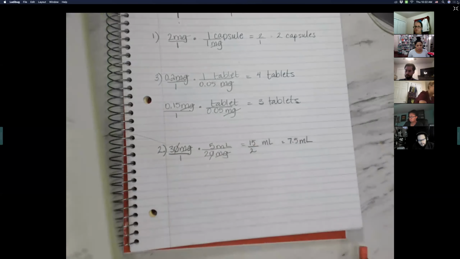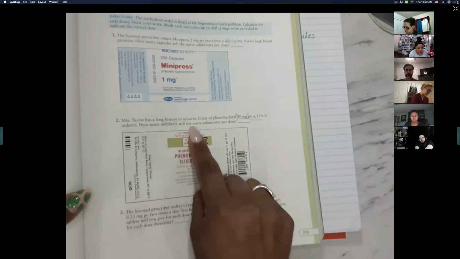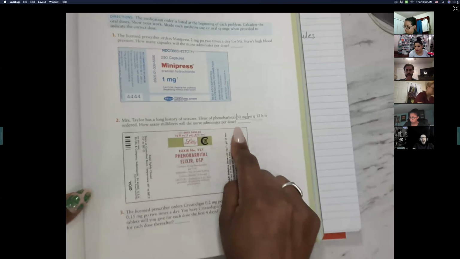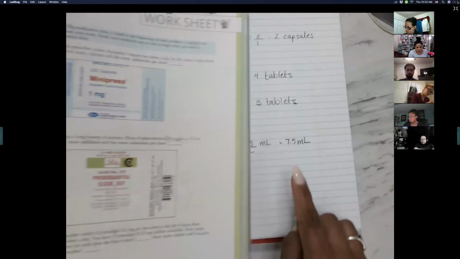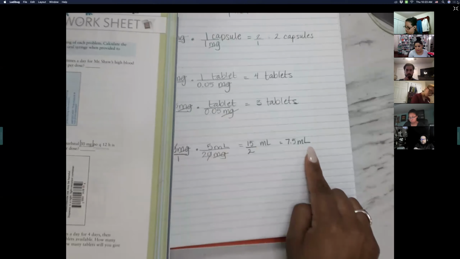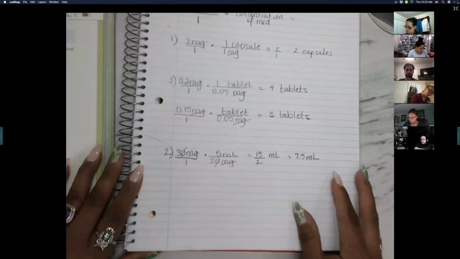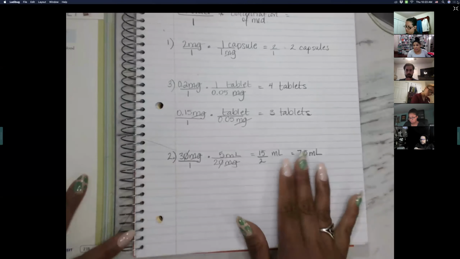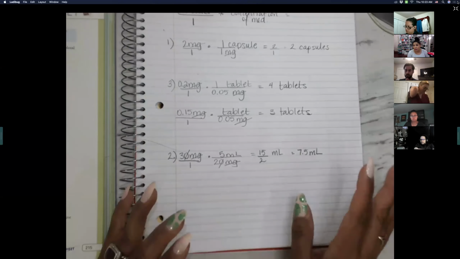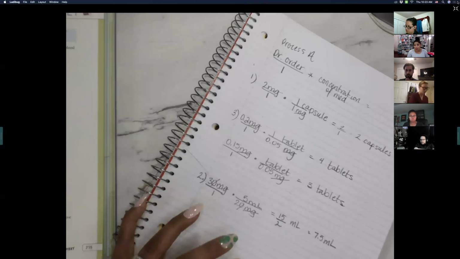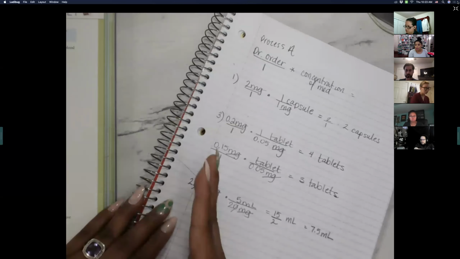So the question for that problem is, how many milliliters will the nurse administer per dose? So what is she going to administer? The 7.5 milliliters. Okay? And really, that's a lot of what you guys are doing as far as the math is concerned. They'll get a little bit longer.